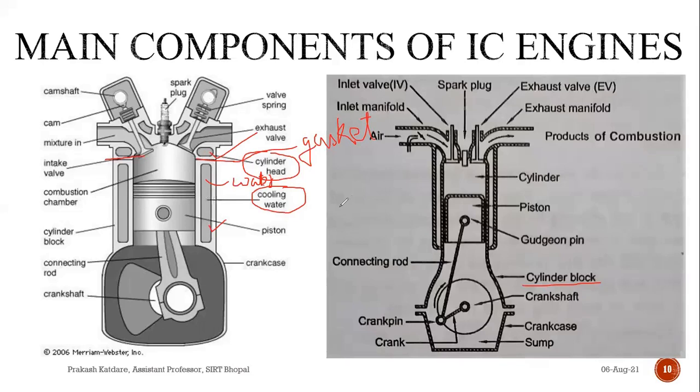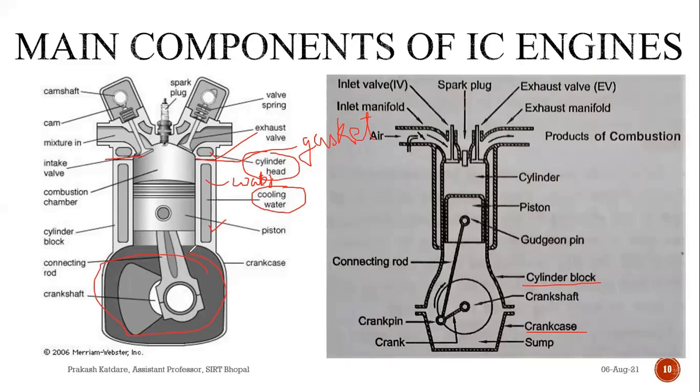bolts or studs. The bottom portion of our cylinder block is known as crankcase. A cover called crankcase, it becomes a sump for lubricating oil. That is, whatever lubricating oil will be there, it will be present in this portion, in this sump for the lubrication purpose.